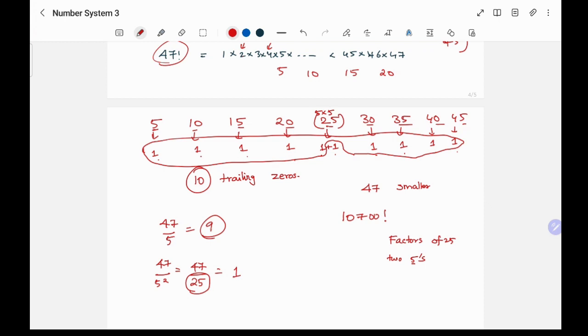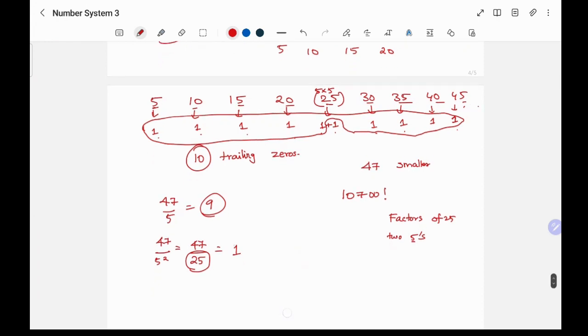I'm only taking the integer part of the division, because only the quotient is sufficient; it stops at 45, it doesn't take 46 or 47. Next is only 50.